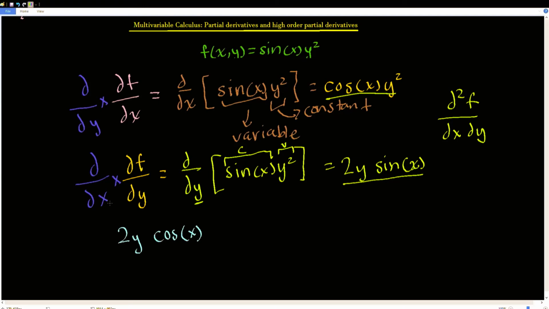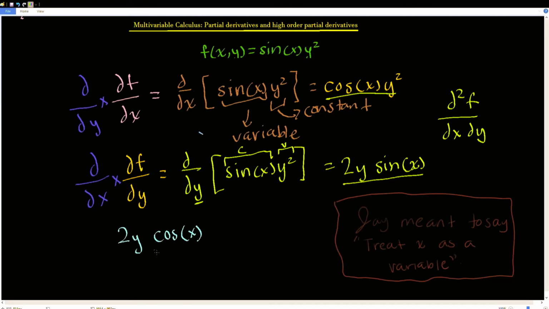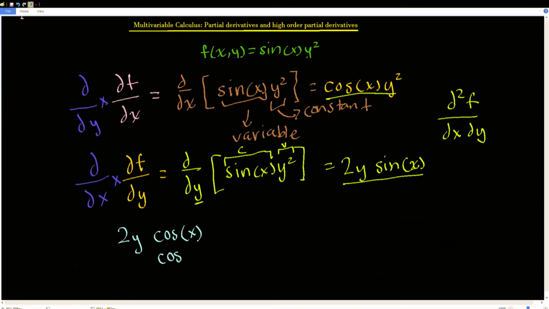And now let's find this one, treating x as a constant. Well, cos of x, right? So I'm just going to put that right here, because I want to put y's first, times 2y, right? We have two exact expressions.